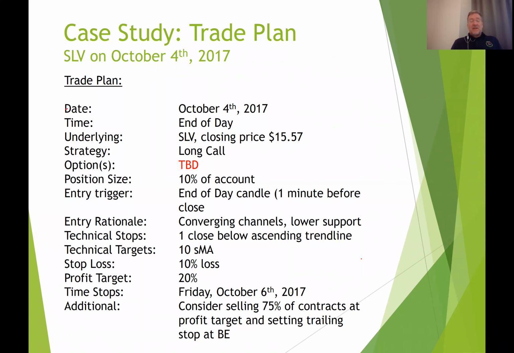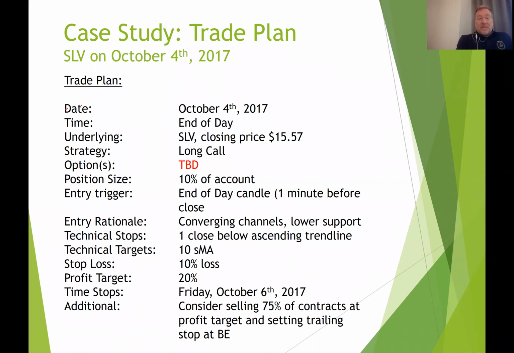I don't take a lot of Steve's trades because I'm usually sleeping, but I put a trade plan together and I post it on my wall. I've got a bulletin board with my trades there because I don't want to forget I've got them. Several years ago, I actually forgot I had a trade, and I got exercised and was stuck with a whole bunch of shares that I didn't want. So I post these things on the wall.